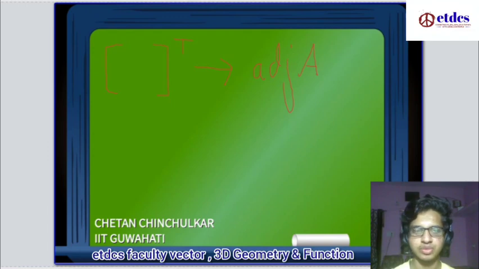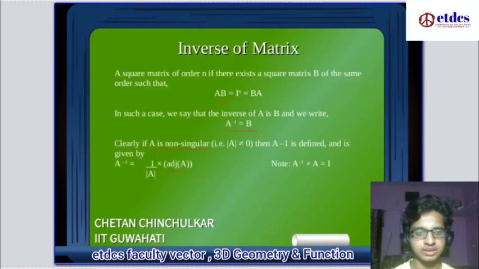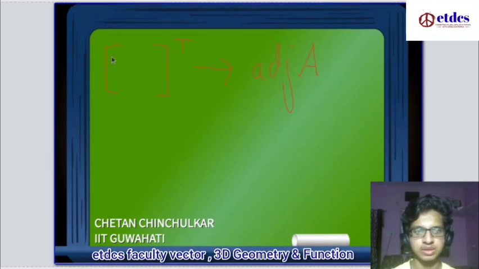Okay, so let us consider an example. If I take A as 1, 2, 3, 4, we will find the cofactors.